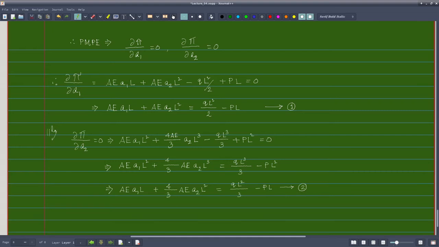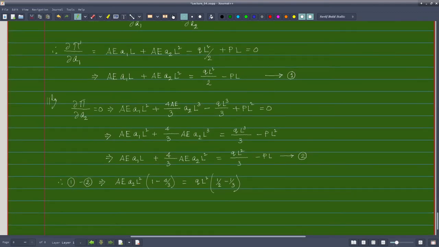So if I subtract equation 2 from equation 1, then this term containing A1 will cancel, and therefore equation 1 minus equation 2 gives me AE A2L square into 1 minus 4 by 3 is equal to QL square into half minus 1/3, and minus PL plus PL, so nothing will be there.